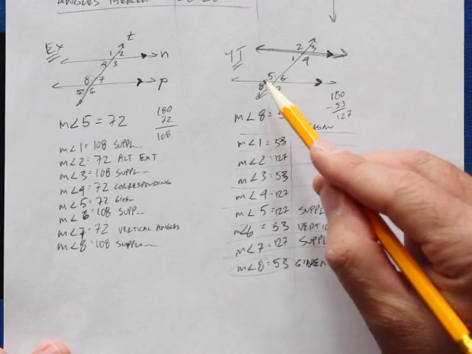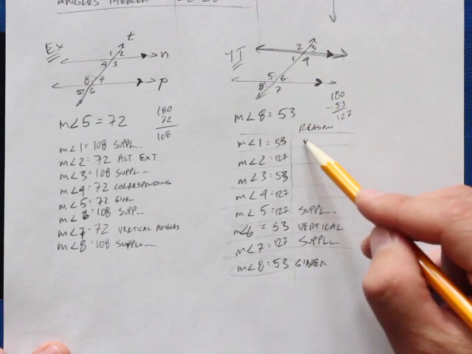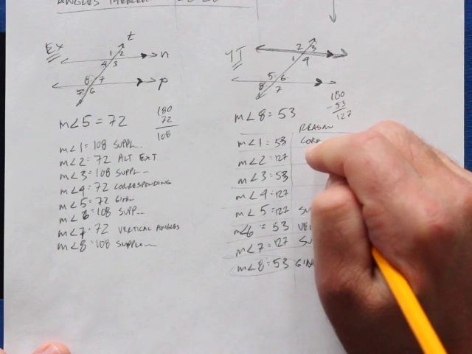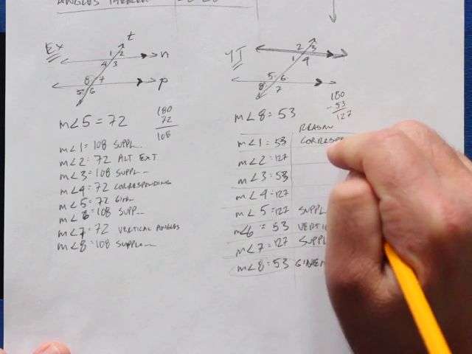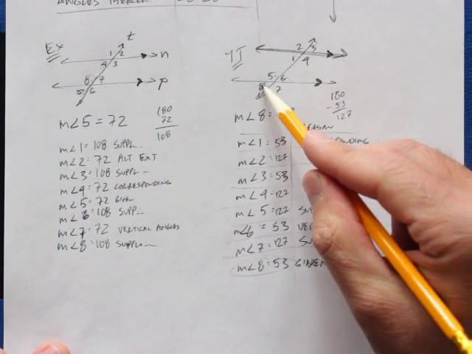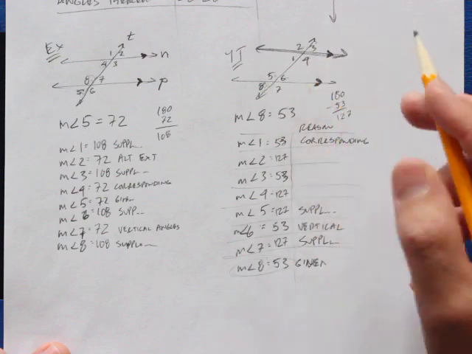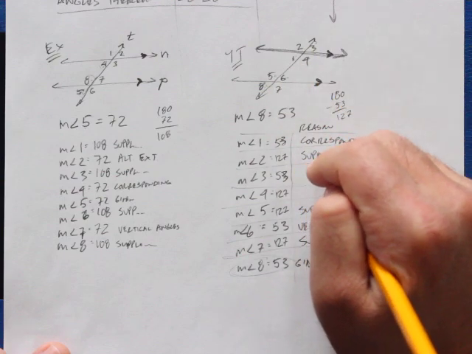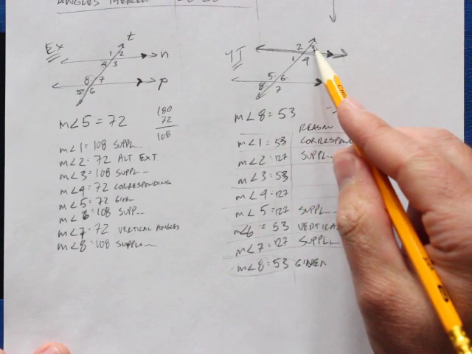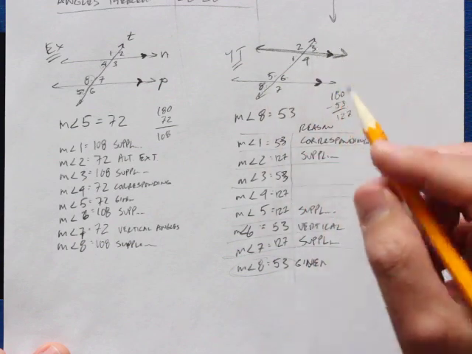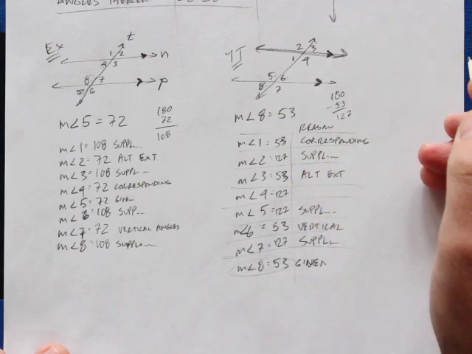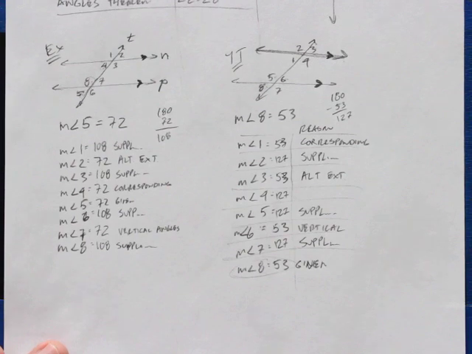Now let's see, 8 and 1 are corresponding. 8 and 2, since 8 and 1 are corresponding, 8 and 2 are supplementary. 8 and 3 are alternate exterior angles. So they are congruent. Alternate exterior angles are congruent.